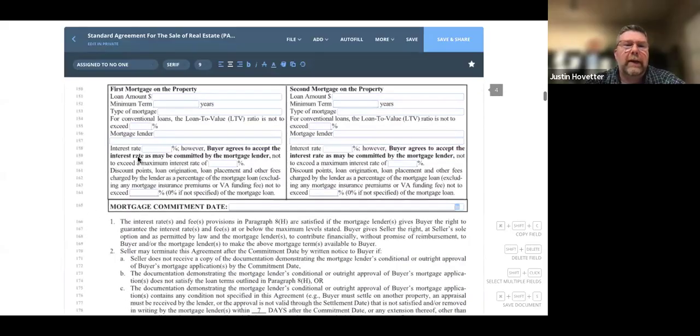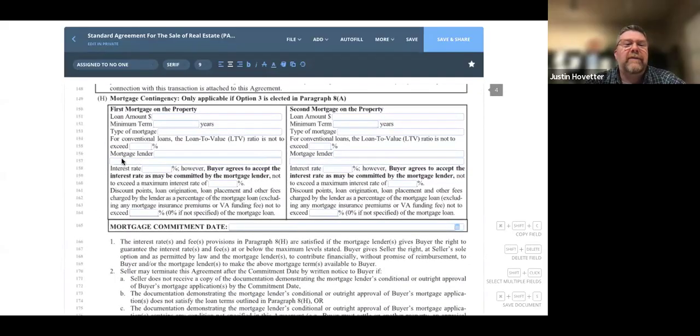Sorry, skipping the wrong way. You see your loan to value here in the financing block. Your loan to value is here. So this is the structure of your mortgage contingency, right?